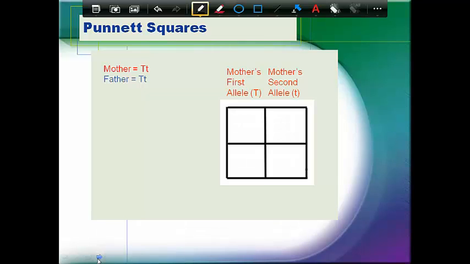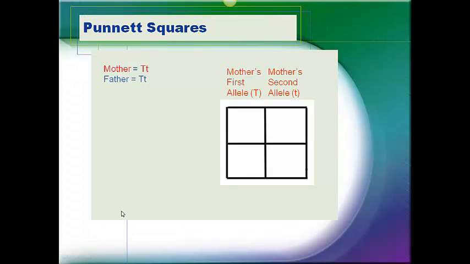So we're putting the mother's big T allele in a separate column from the little t allele, because they will get separated. We're going to do the same with the father's alleles. So we're going to put them in separate rows. Father's big T allele and the father's little t allele.